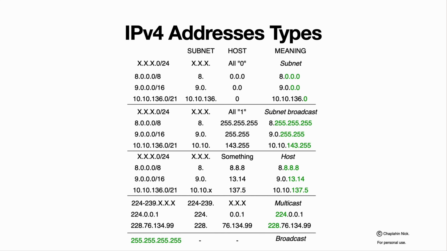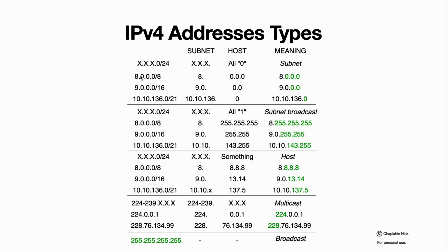And now about IPv4 address types. Again, this is very simple. Remember about the subnet and host sections of the IP address. If in the host section all bits in binary representation are 0, then this is the subnet IP address.